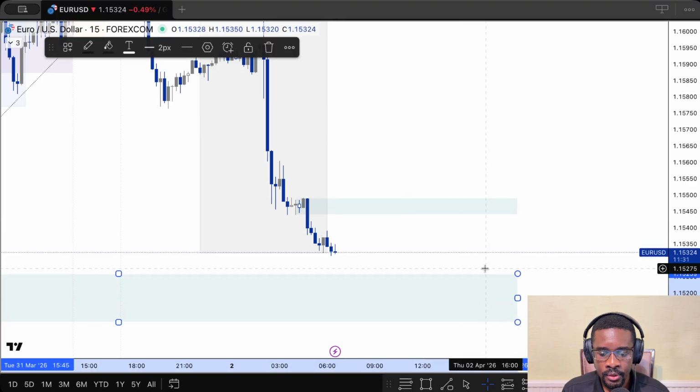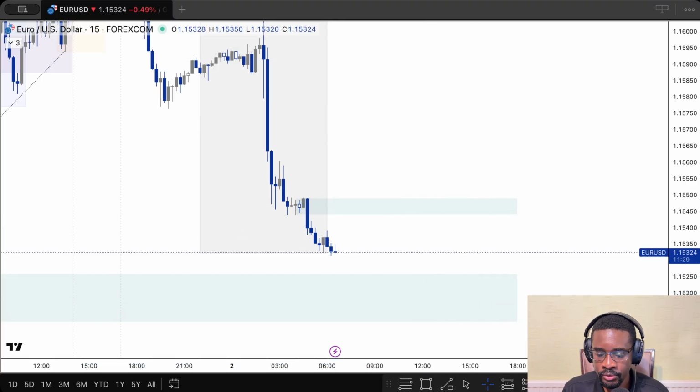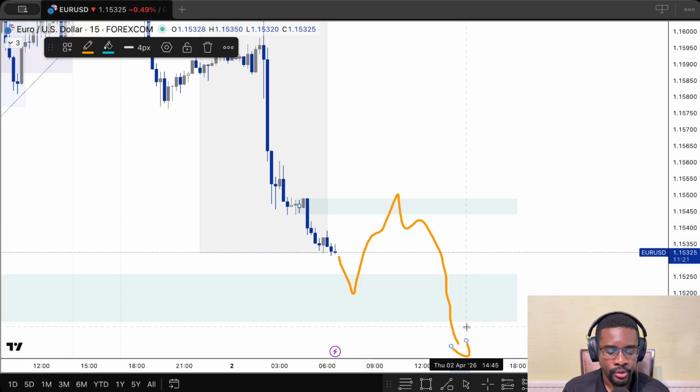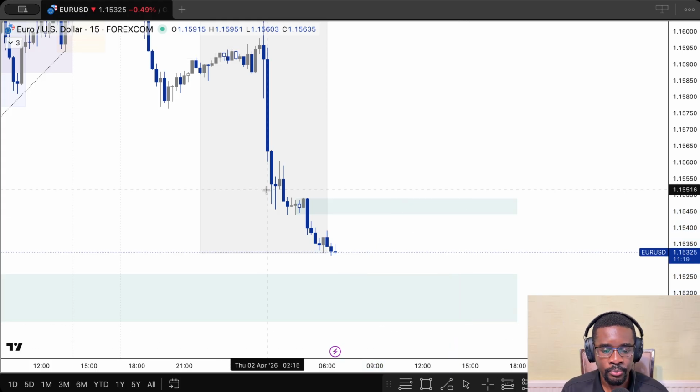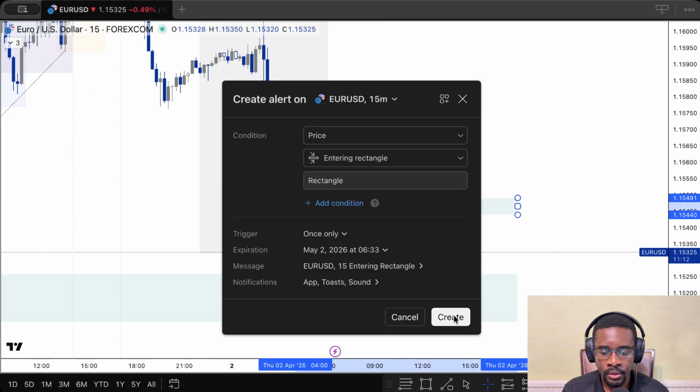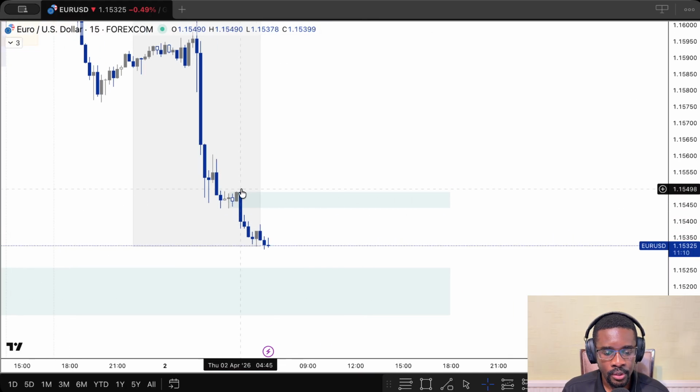Okay, that could be an area of interest. So price could just literally come down, maybe come up, mitigate this or sweep this, and then continue bearish. Okay, so all of those are possibilities. So I'm just gonna be waiting to see how price develops.